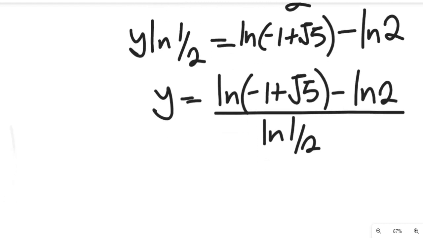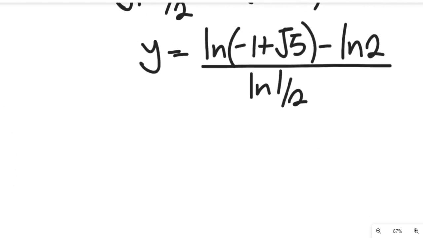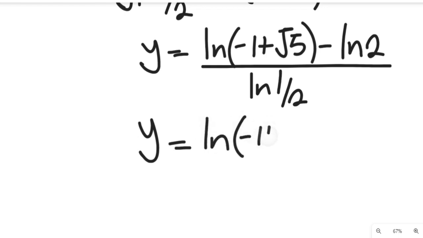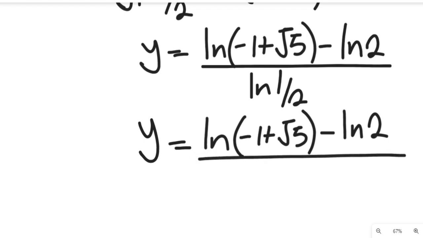So our value for y will now be the result that will come from the natural log of minus 1 plus square root of 5, minus the natural log of 2, divided by, according to the law of indices, the natural log of 1 minus the natural log of 2.